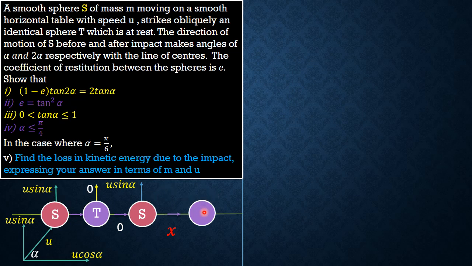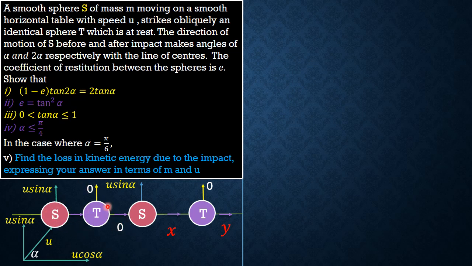So the vertical component of the speed of sphere T will still be 0, while the horizontal component of the speed is going to be y, some new speed, because initially it was at rest, so both components of its speed were 0.